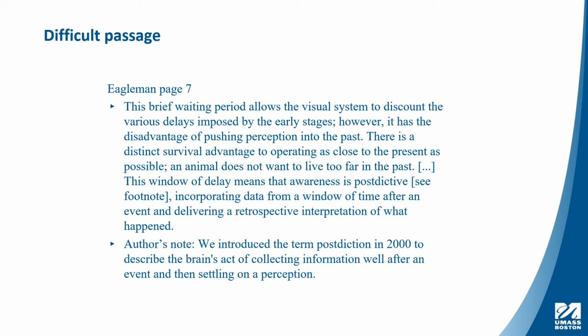For example, hearing is faster than vision. So if there's a simultaneous bang and flash of light, the brain knows about the sound before it knows about the flash of light, but it will wait for the flash to arrive and then will connect them together and present them as a thing that happened simultaneously.